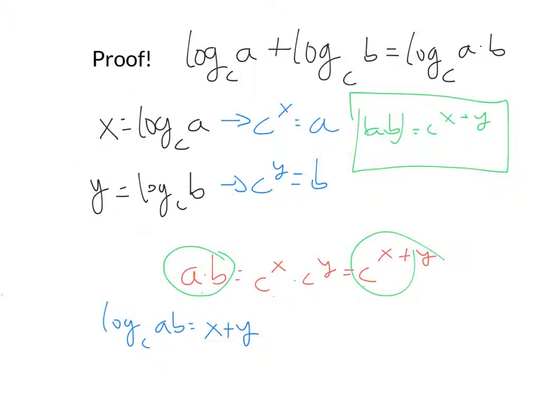I'm going to obtain that therefore log base c of ab is equal to log base c of a plus log base c of b. Now that would be a proof for this law of logarithms.